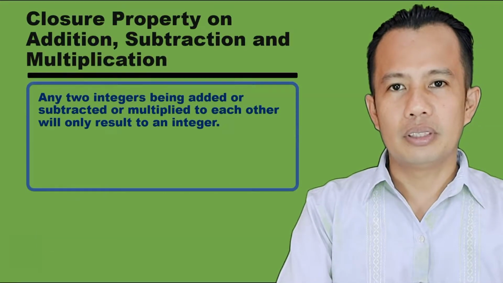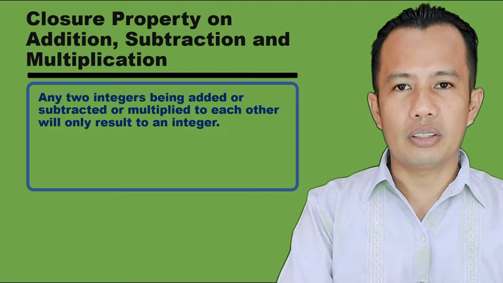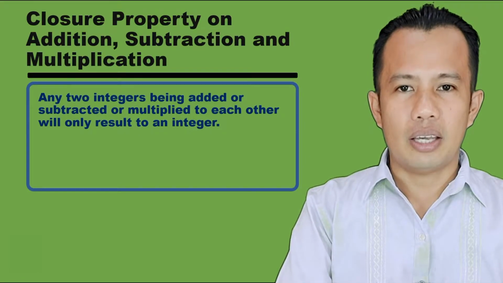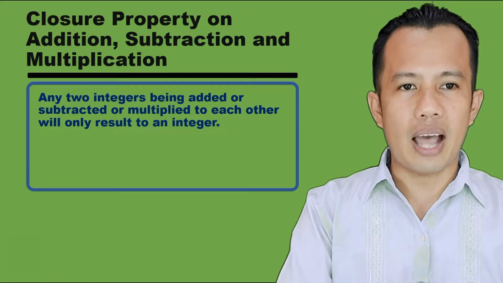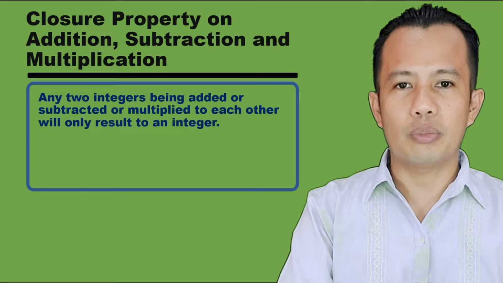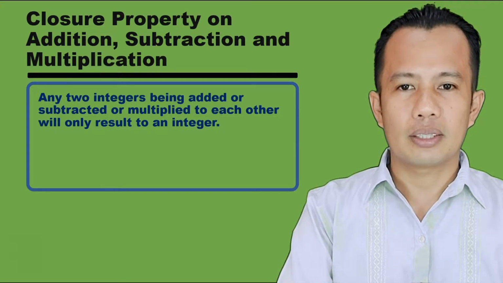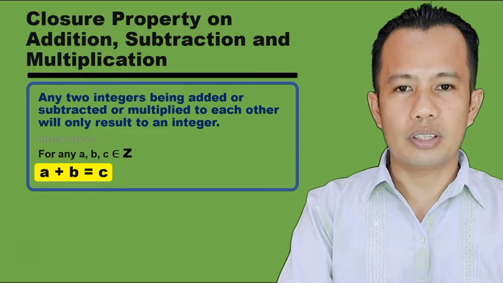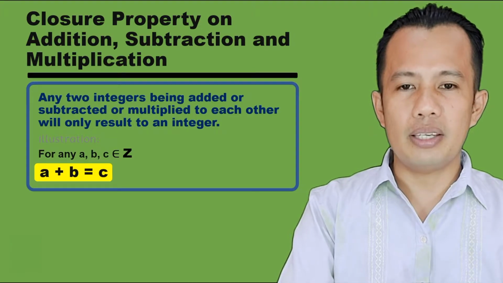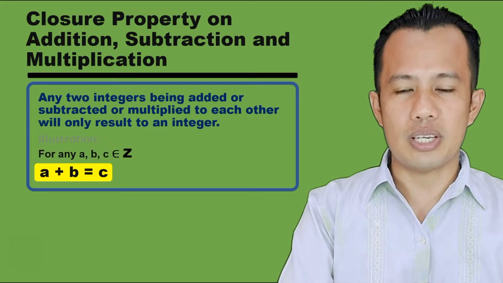Let's continue. Closure property on addition, subtraction, and multiplication. Any two integers being added, subtracted, or multiplied to each other will only result in an integer. Illustration. For any a, b, and c elements of the set of integers, a plus b is equal to c.